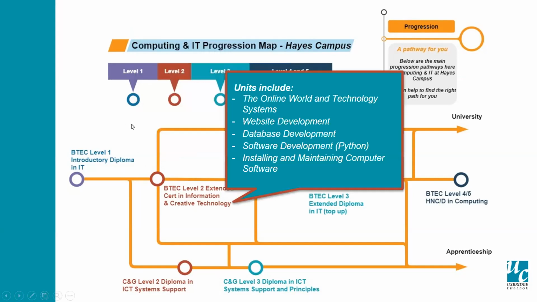And we have a BTEC level 2 extended certificate in information and creative technology. There are a number of key areas that cover a range of information technology concepts, which include website development, database development, software development, where the particular programming language is Python. And Python is one of the industry standard languages.